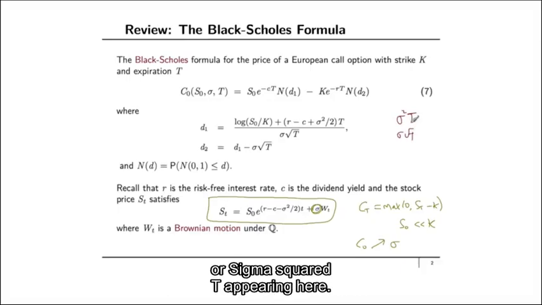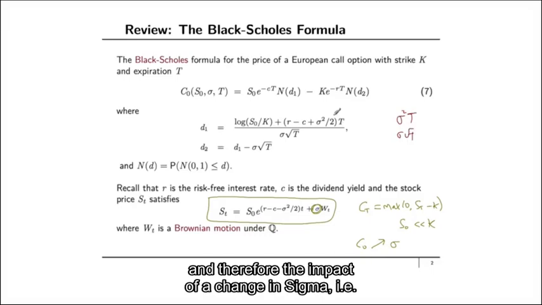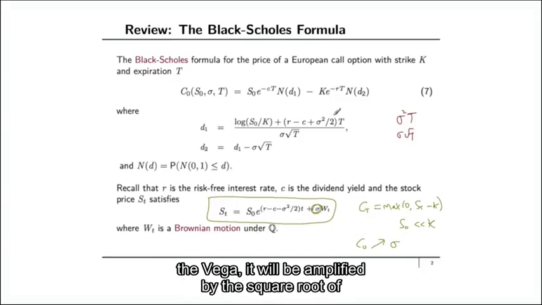Now, I said that the skew cannot be too steep. Well, what would be too steep? Well, maybe this would be too steep. Why can we not get a skew that is too steep? Well, the reason is as follows. Imagine we've got two strikes. These two strikes, we'll call them K1 and K2.